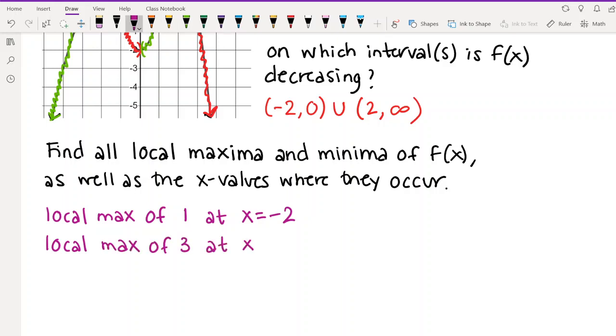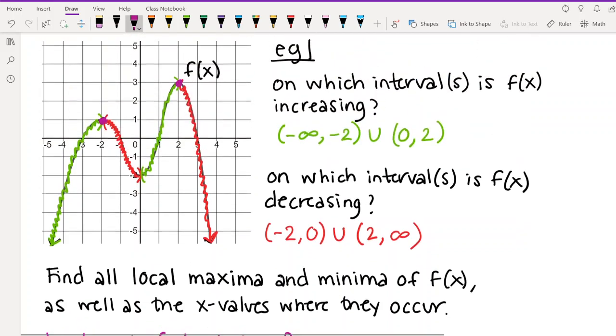And so you might notice that there's something a little funny about this second one. Notice that this local maximum is also the absolute maximum. And we'll come back to that idea once we do write down the local min. But that's okay. So what I just want to make clear is that anytime you're asked for local maxima and minima, it's just asking for any peak or valley in the graph. It doesn't matter if it's the highest point overall or if it's not.